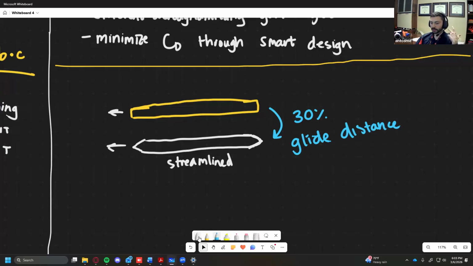And hopefully, because of the things I've talked about, it makes sense why, right? This has a lot more pressure drag. We can tell that. This is also going to have more streamline drag, right? And it becomes obvious if you just draw out the flow in your head, right? It starts to become a little bit more obvious. So start to think in terms of the streamlines, right? Or if you were to drip water in front of this thing, how might it go, right? That's what you're starting to think about.